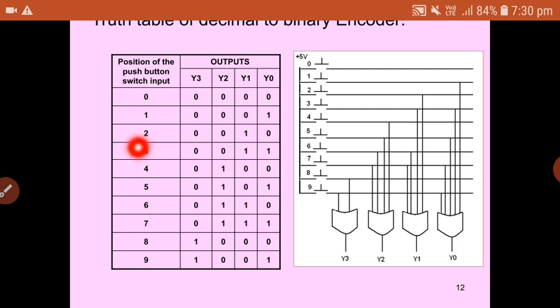When push button switch 3 is closed, what will happen? Push button 3 is connected to the y1 and y0 outputs, so y3 y2 will be 0 and y1 y0 will be 11, so 0011 will be the corresponding output for push button switch 3 closed. So this is how you convert the given decimal number into its equivalent BCD.